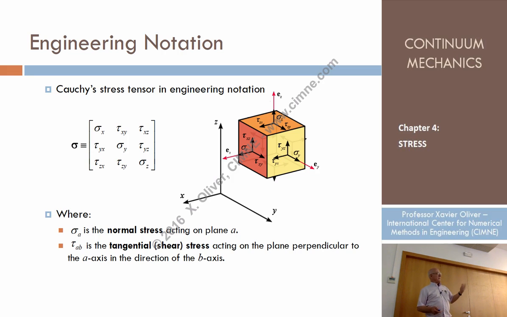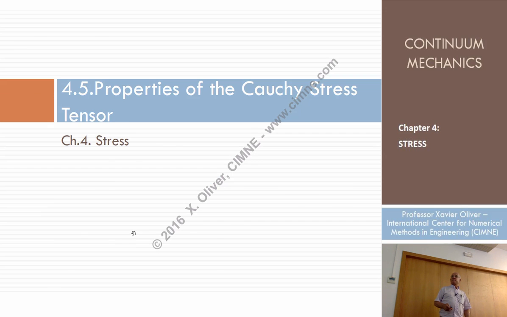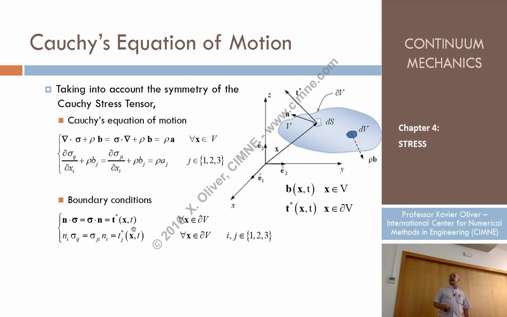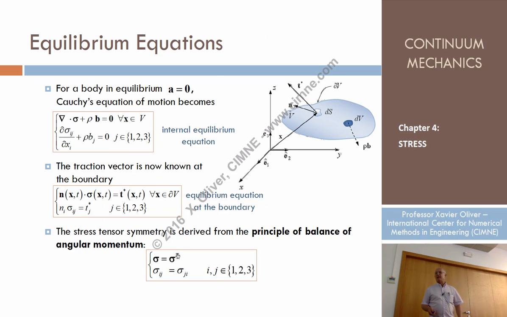Equilibrium of torques. So that I will take in advance, I will say to you, sigma is a symmetric tensor. And so sigma equals sigma transpose, so sigma ij equals sigma ji.